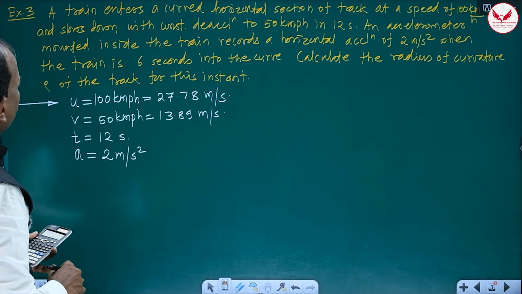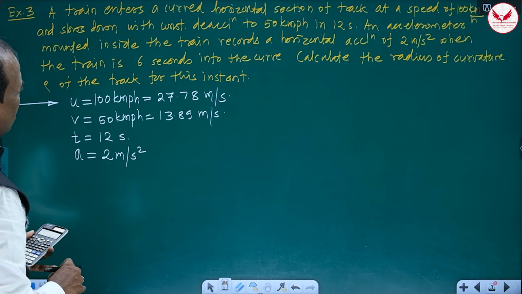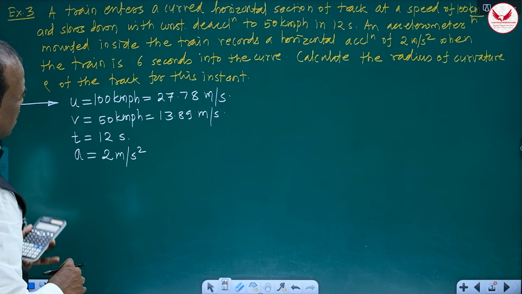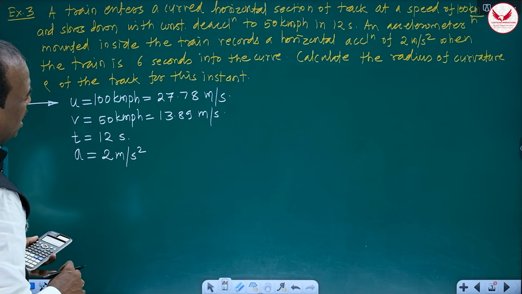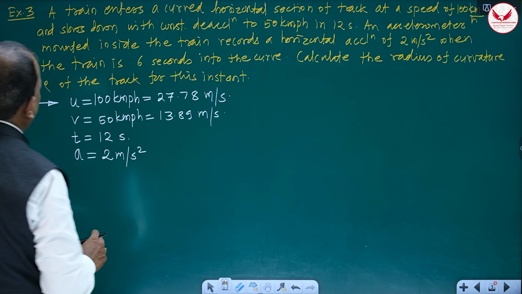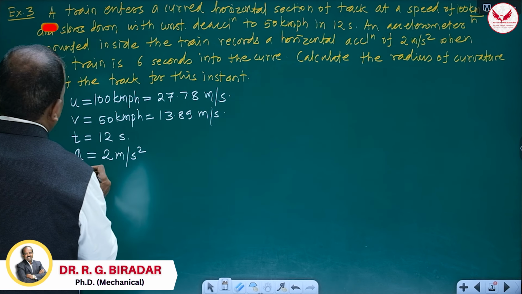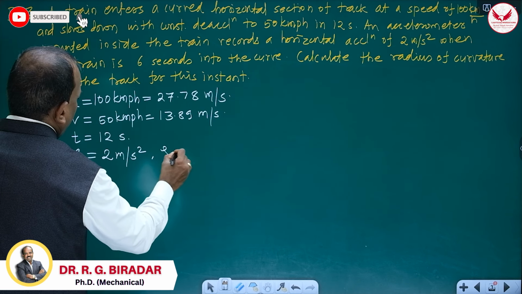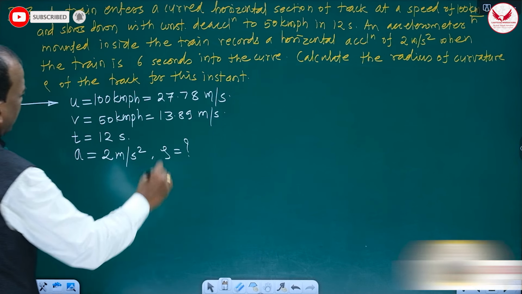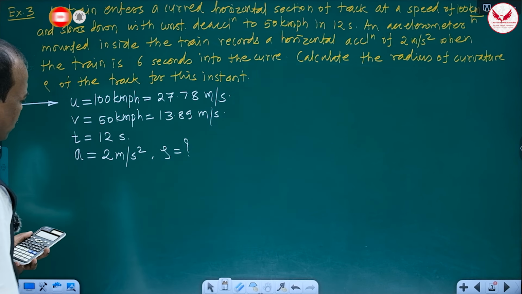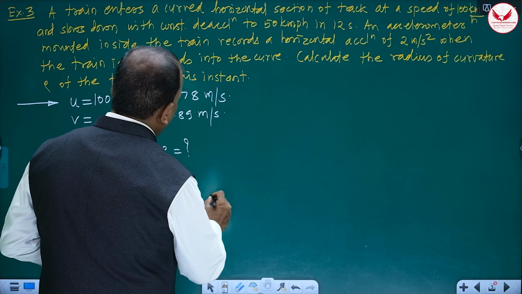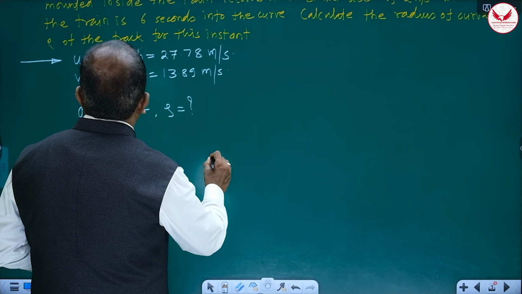When the train is 6 seconds into the curve, calculate the radius of curvature rho of the track for this instant, and with this information we have to calculate what is the rho after 8 seconds. Then see how we can solve this example.